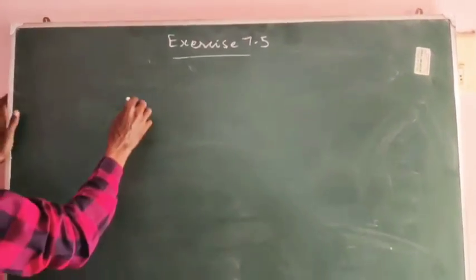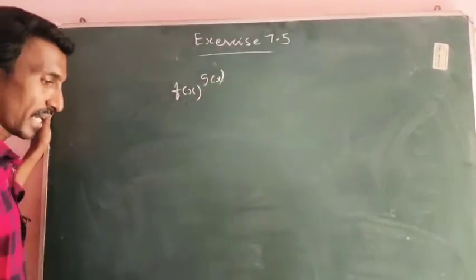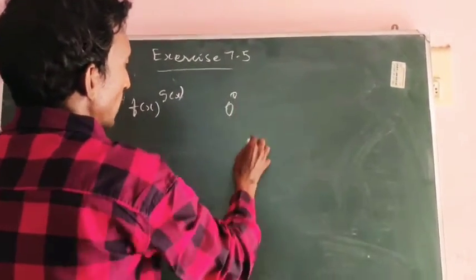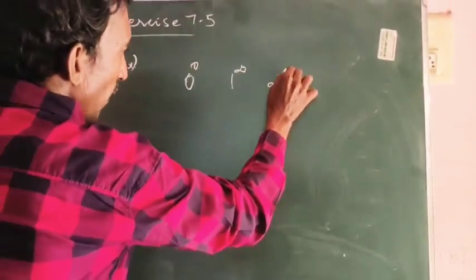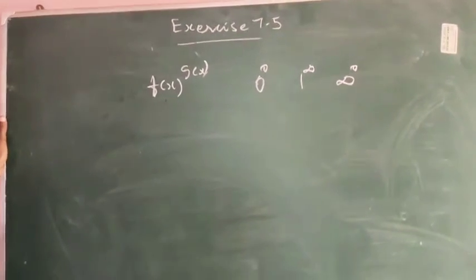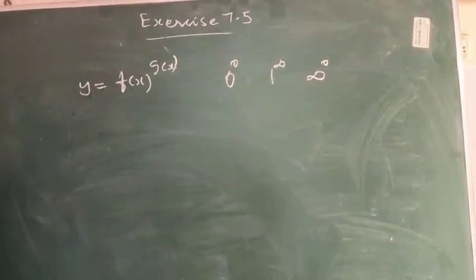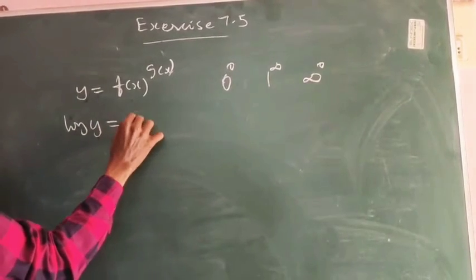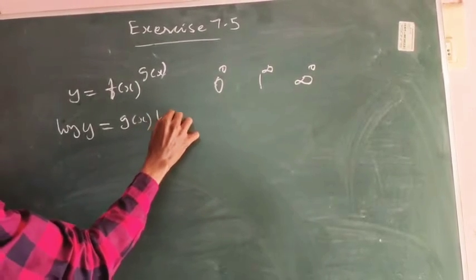But if the function is of the form f of x power g of x, we may get any one of the three indeterminate forms: 0 power 0, 1 power infinity, or infinity power 0. If these cases arise, we have to apply a different method. We assume this is y and apply log on both sides: log y equal to g of x into log of f of x.